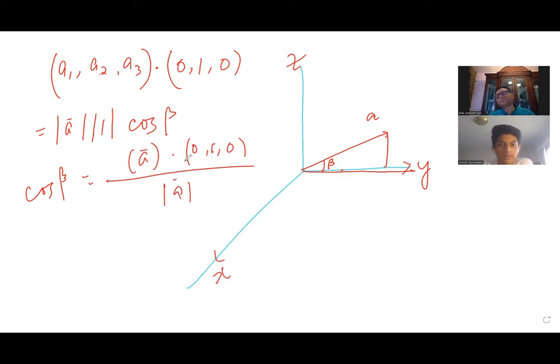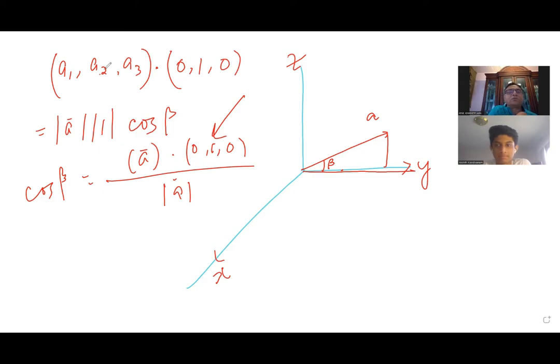Yes, sir. That is how you find the direction cosine for beta. Similarly, for the other angles, the dot product will be with the corresponding unit vector.